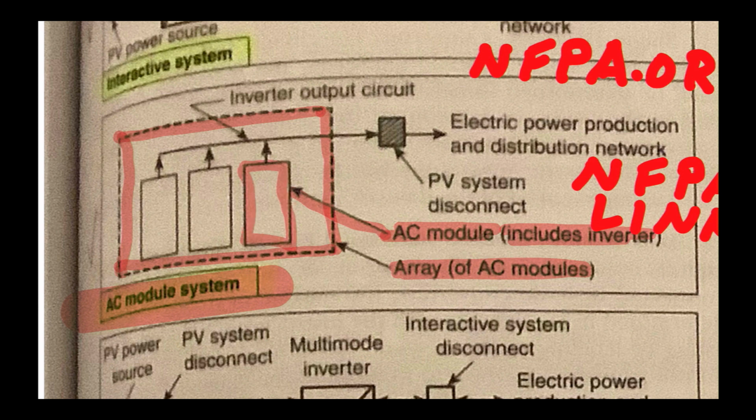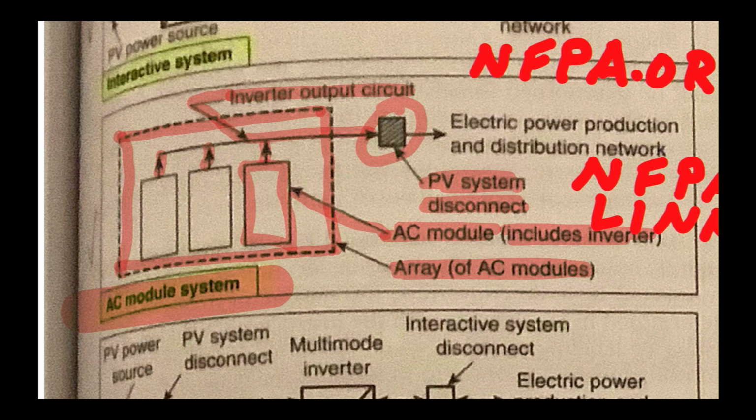These all have outputs which then go to the inverter output circuit, and that's this over here. So all of these combine to go into the inverter output circuit, which then goes over here to what we're looking for, and that is the PV system disconnect.